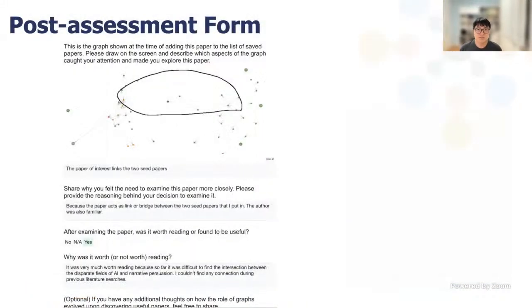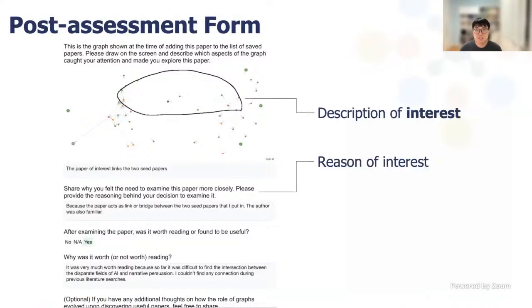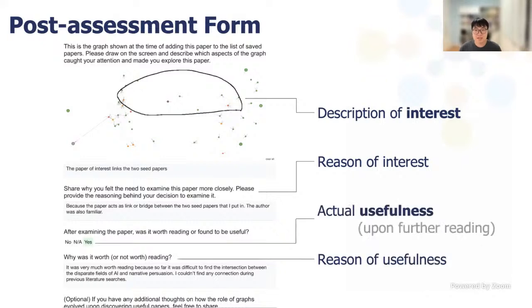The post-assessment form was structured like this. It displayed a screenshot of the network when the user found the paper, and they annotated and described why it was interesting for them. And we asked the users to read more about the paper and classify whether it was actually helpful for their research with a yes or no question and provide reasons for that.